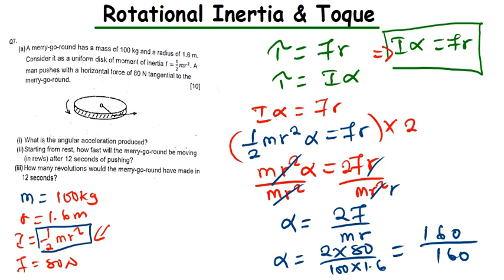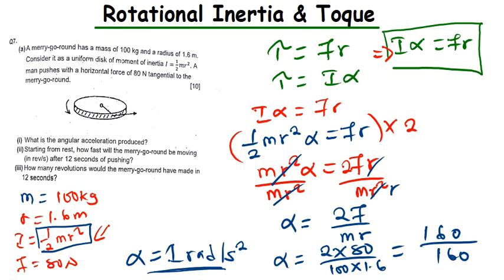So if I divide 160 by 160, I'll get 1 rad per second squared. So that is my angular acceleration.